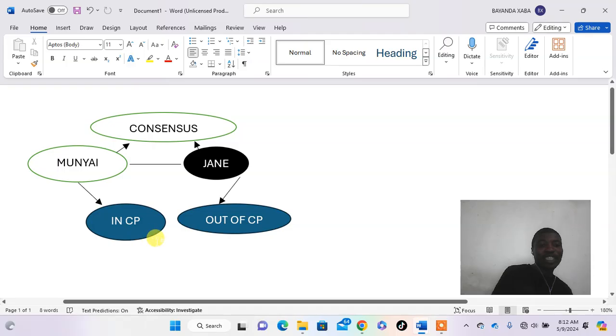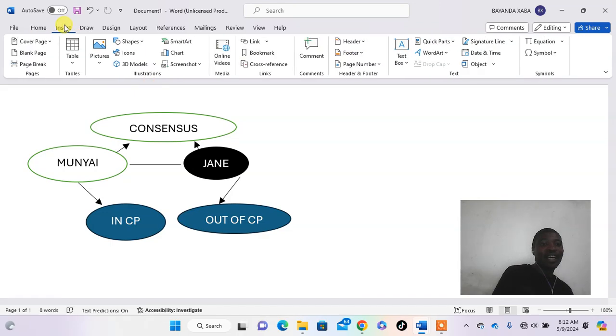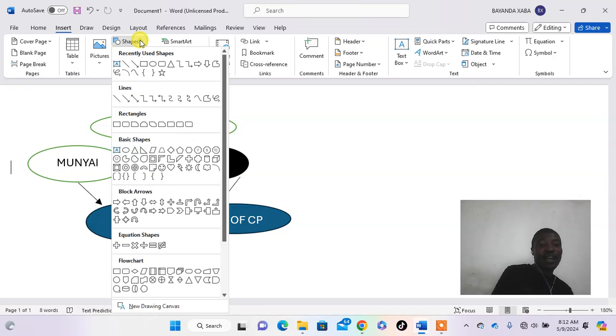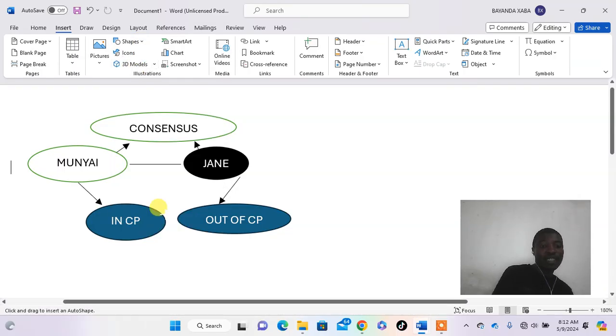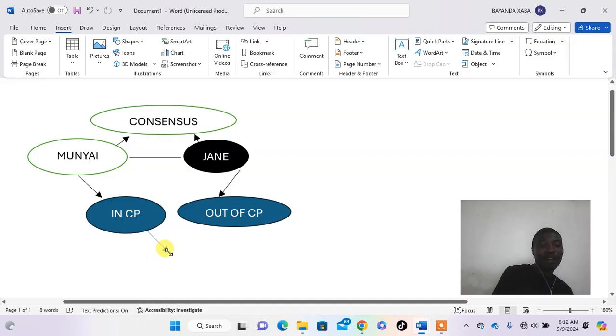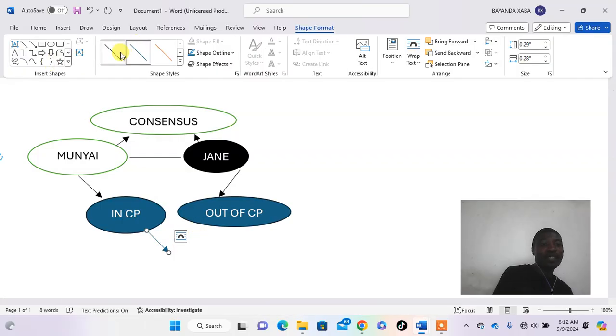Then it means that these two, although they have reached agreement, there is a problem in the law of contract. It means that these two minds do not meet because they are not contracting for the same thing.